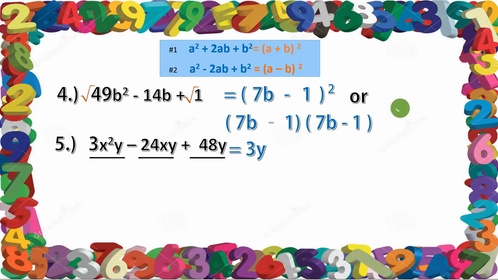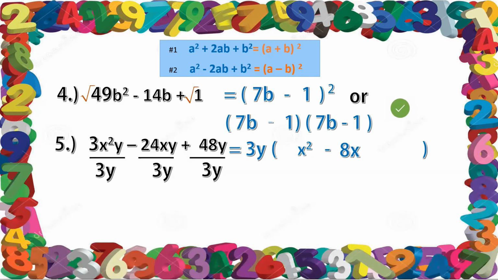3y. Perfect. So let's divide each term by 3y. Quantity 3x squared y divided by 3y, we have x squared. Now copy the operation, subtraction or minus 24xy divided by 3y.